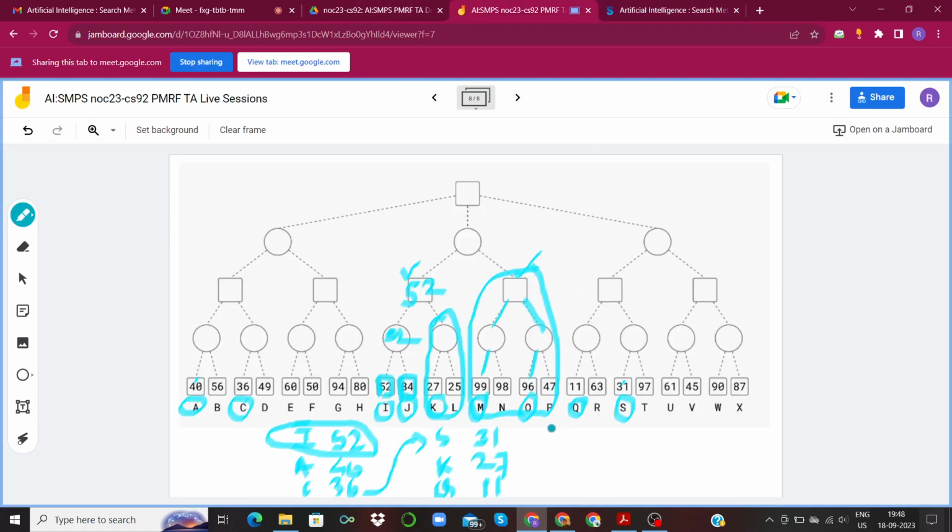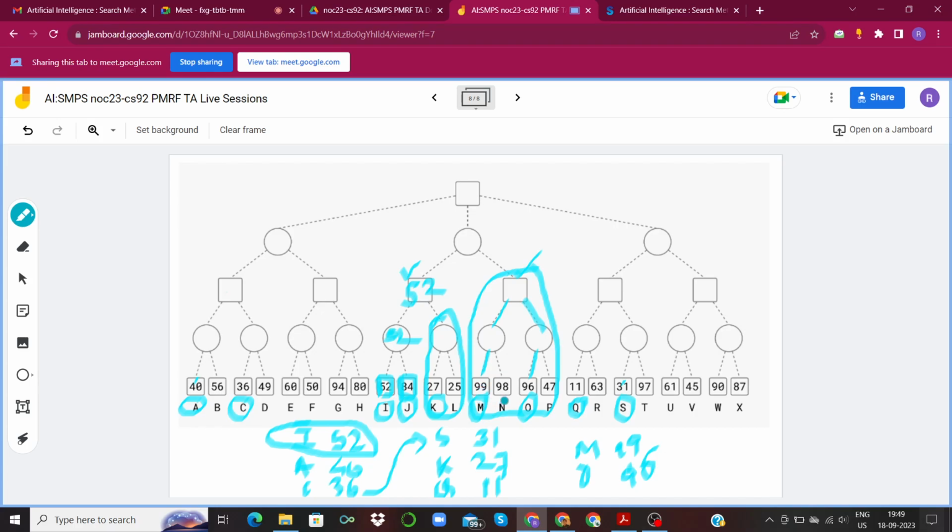Anyway, let's carry forward, move ahead with the solution. So these will have M99 and O96 as the priority queue, and then we'll try to solve M.